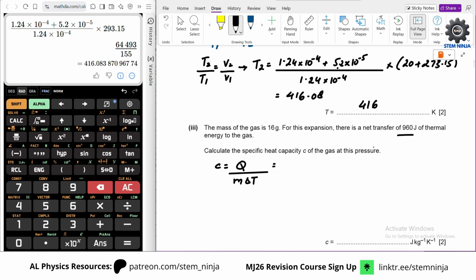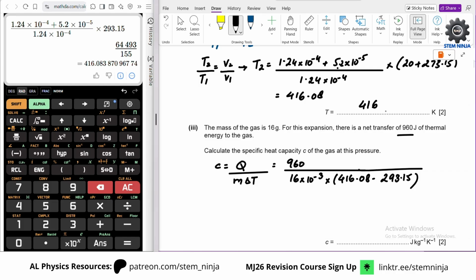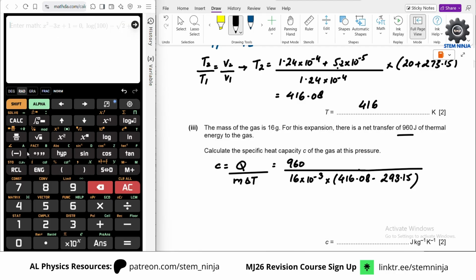So 960 divided by the mass, 16 grams, which we need in kilograms. The change in temperature is 416.08 minus 293.15. Basically we can do 416 minus 273 also, either way would be fine. So 416 minus 273, 143.